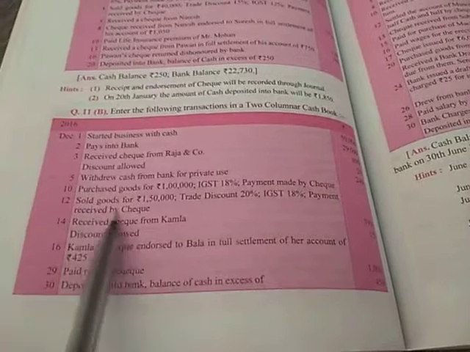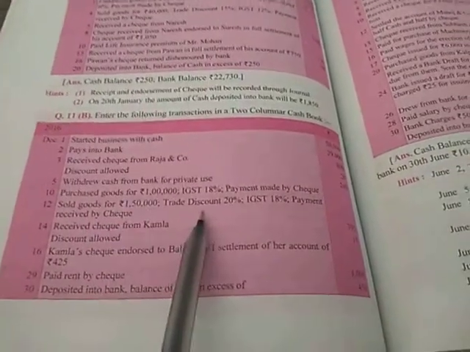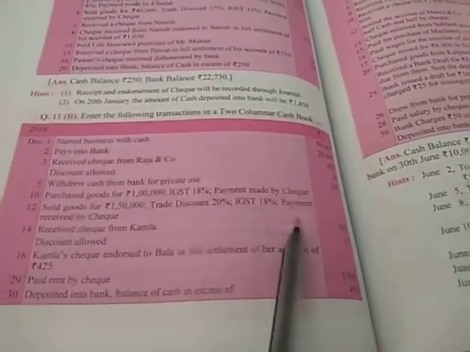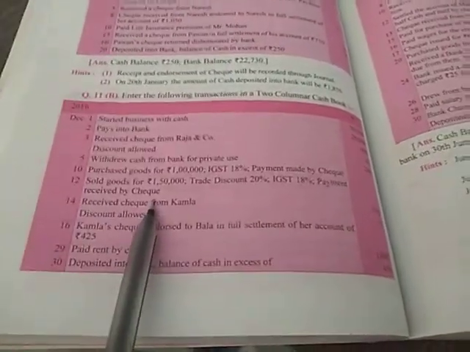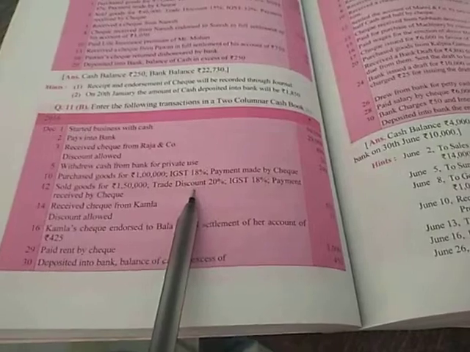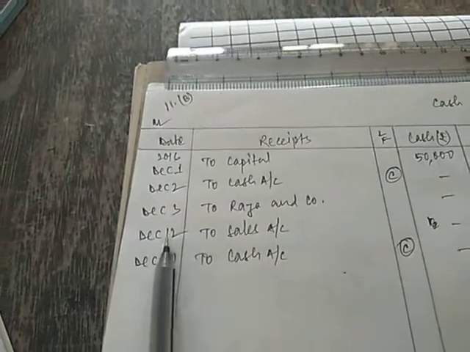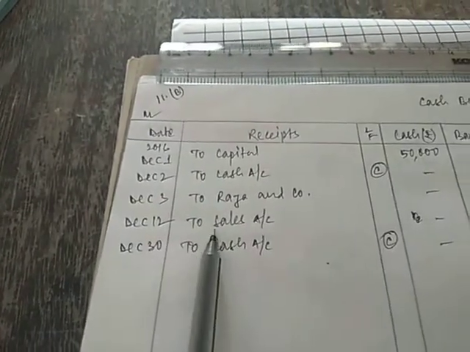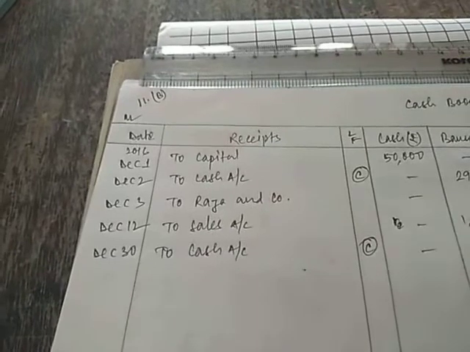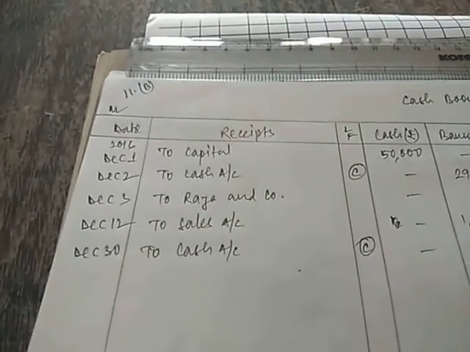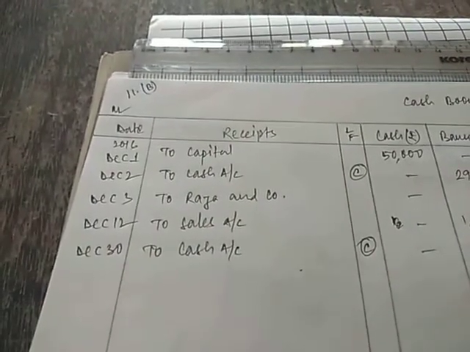Next is sold goods for rupees 1 lakh 50,000, trade discount 20%, IGST 18% and payment was received by check. So on December 12th, we have sold goods for rupees 1 lakh 50,000, trade discount 20% and IGST 18%. So on December 12th, you have to sales. Now 1,50,000 was the value of goods. On that we have provided 20% trade discount.